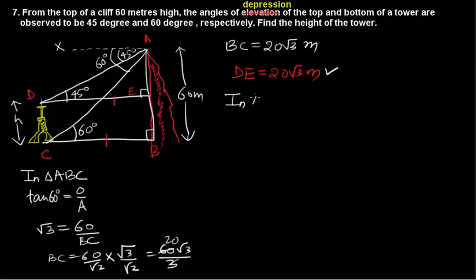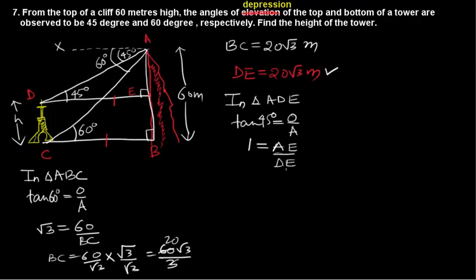In triangle ADE, AE is the opposite and DE is the adjacent. Tan of the angle equals opposite divided by adjacent. The angle is 45 degrees, so tan 45 degrees is 1, and opposite is AE divided by DE.